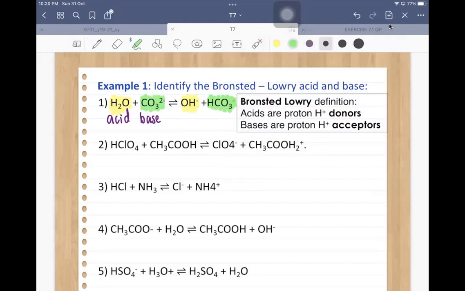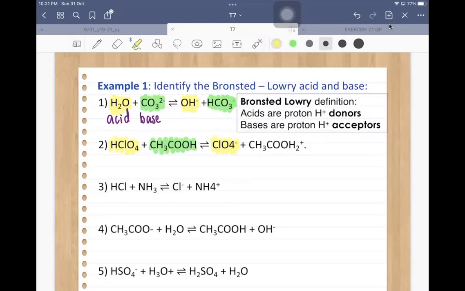Next, HClO4 reacts with CH3COOH. Now, don't be so tempted to think, CH3COOH, that is a carboxylic acid. That must be my acid. No, let's see first. HClO4 becomes ClO4 minus. We have lost a hydrogen.